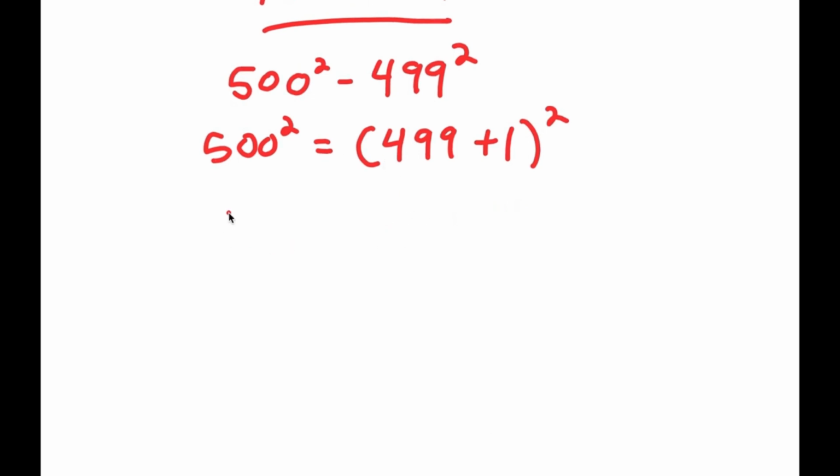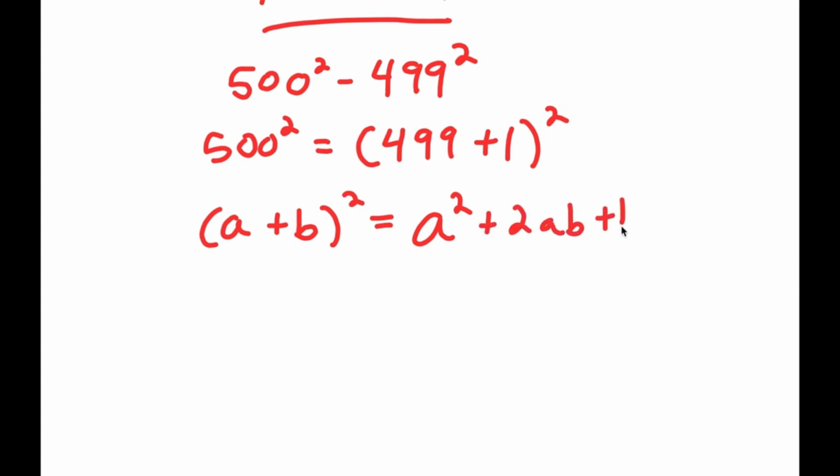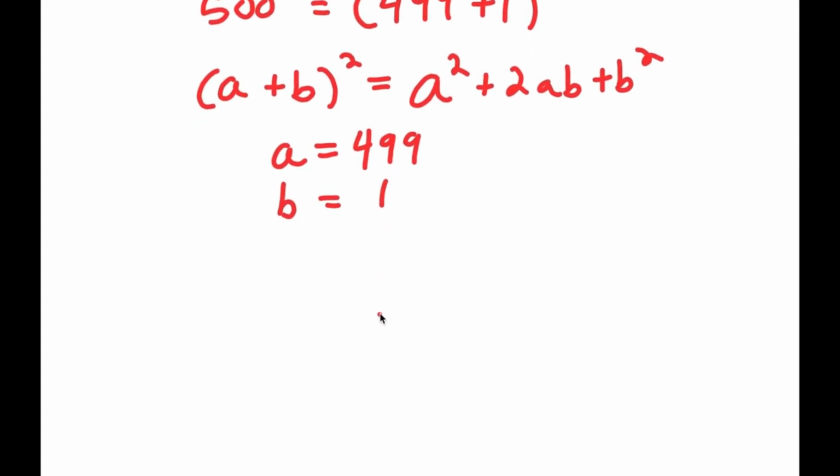And if I have something in the form (a + b) squared, this is equal to a squared plus 2ab plus b squared. So in this case, a is 499, and b equals 1.